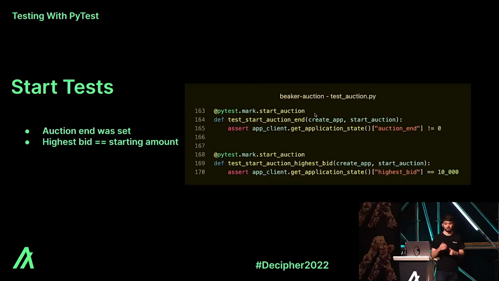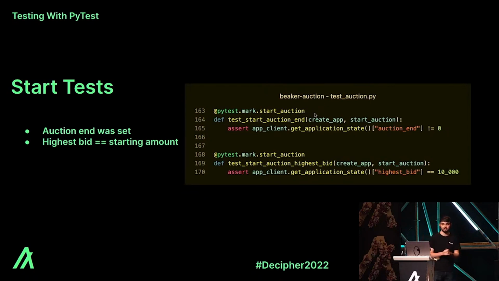And now we have some assertions for when we actually start the auction. So after we call our start auction call, the first one we're doing is making sure that the auction end is not 0 and it was properly initialized. And then we're verifying that the highest bid is equal to the starter amount. So in our fixture, we specified the starting amount to be 10,000. So here we're just reading the global state of the application through Beaker and making sure that it is indeed 10,000.